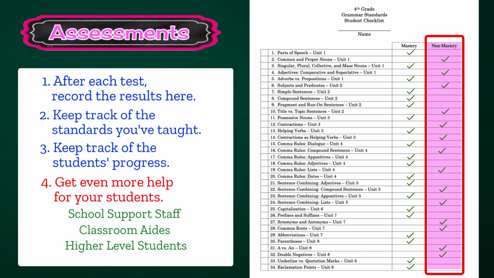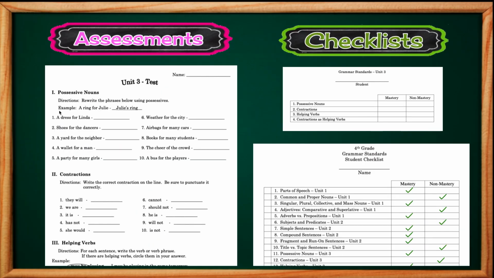This gives them something specific to use to help the students with their trouble areas. Many schools have resource teachers. We call them RSP teachers, who would love to have this information to help them set goals for the students and give them something to work on during their RSP time. There's so much you can do with the tests and checklists here besides just seeing how they did on an exam and then just walking away.